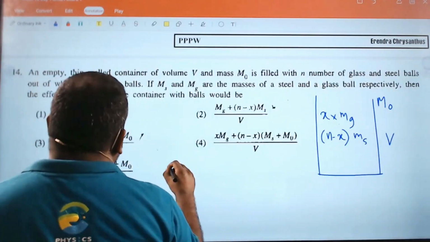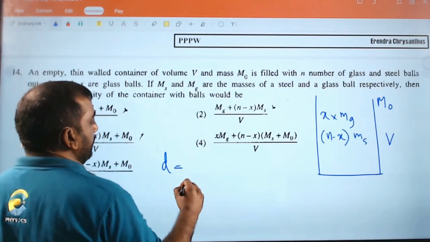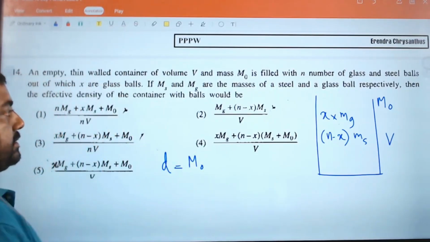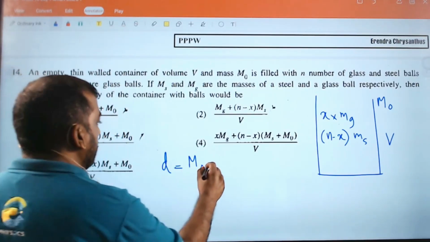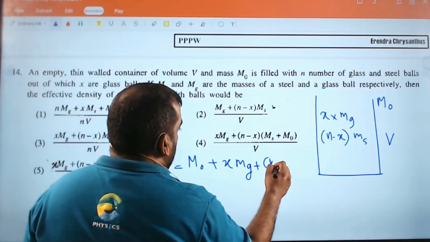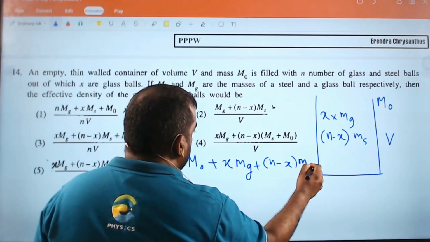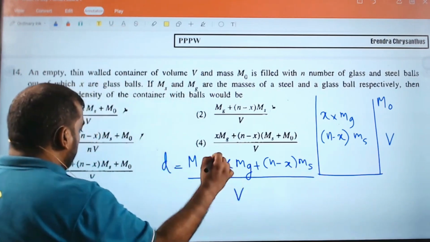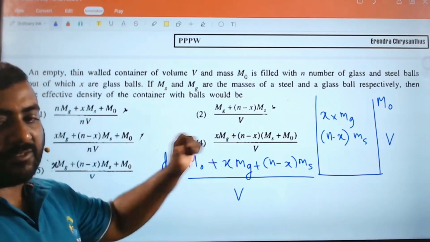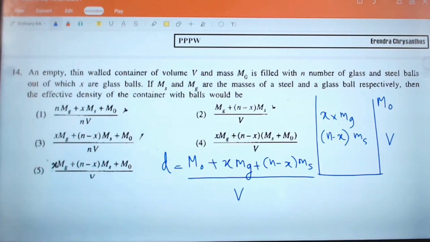So you are finding effective density, total mass m0 plus x times mg plus (n minus x) times ms, over total volume V. So effective density of the full system is found. This is given by this relationship. Answer number 5.